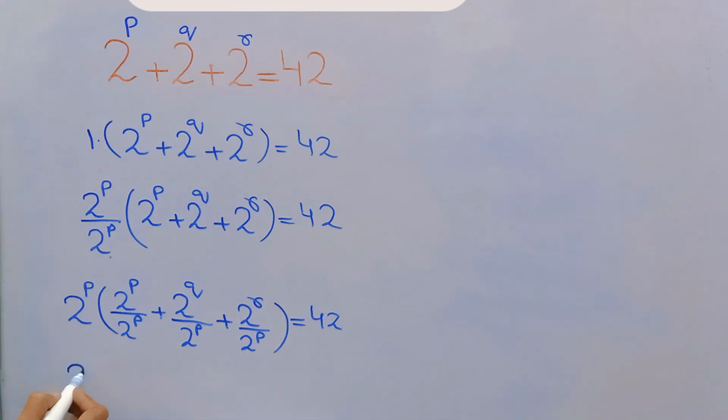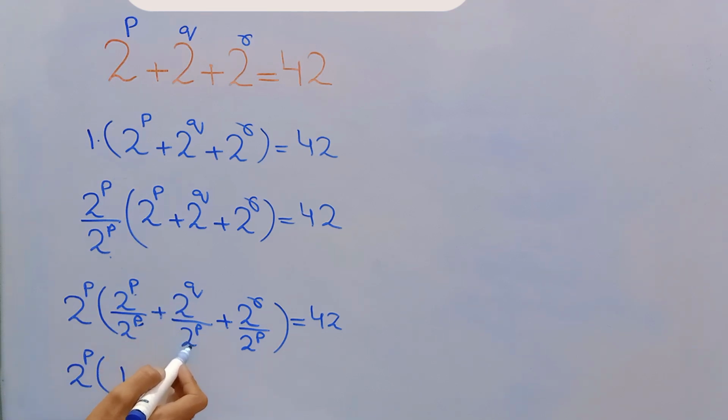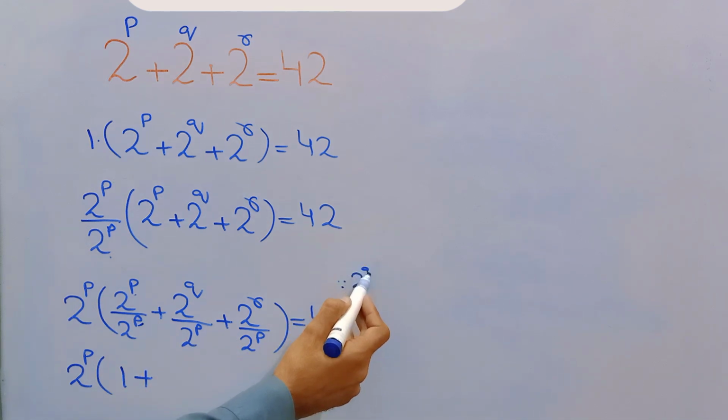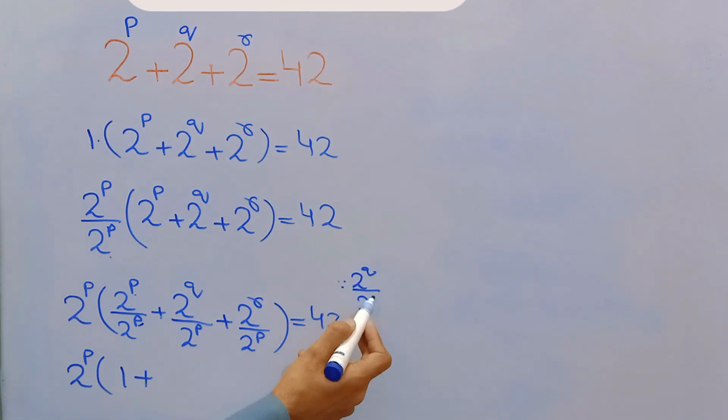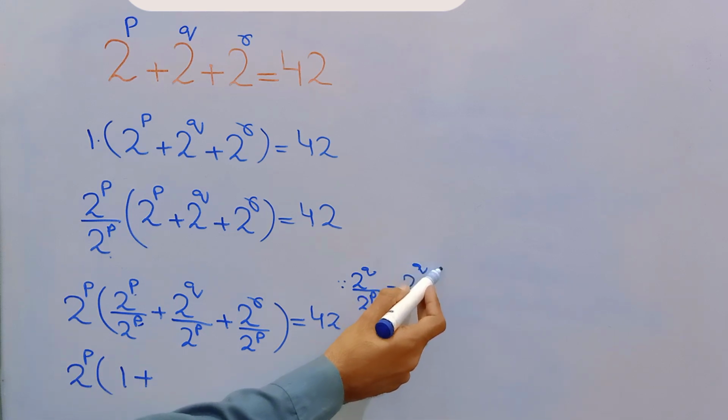And next step student, 2^p divided by 2^p will be cancelled, only 1 plus 2^q divided by 2^p, it can be written as 2^(q minus p).